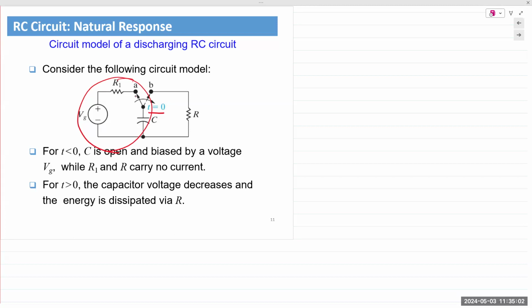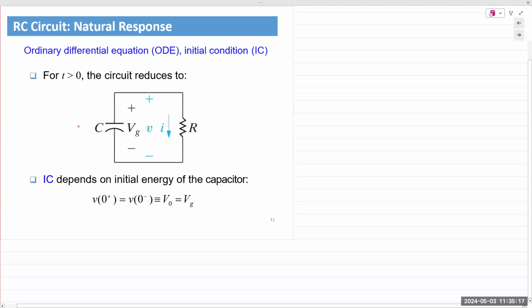The capacitor was connected for a long period of time, meaning it has reached steady state in the past. Voltage VC equals VG. When the switch is flipped, the capacitor voltage is still VG, because similar to an inductor, the voltage across the capacitor cannot change instantaneously.